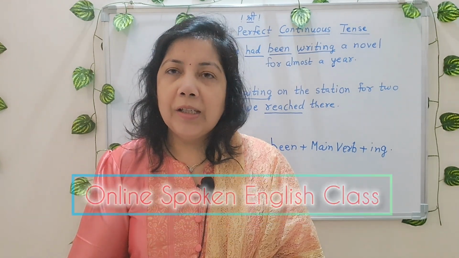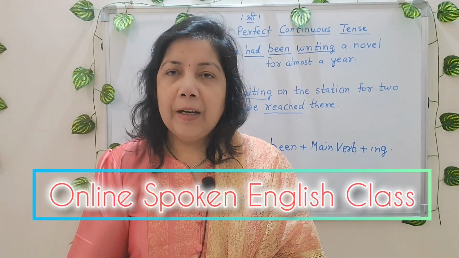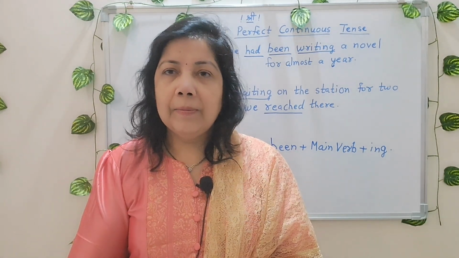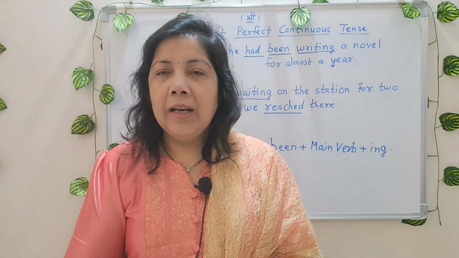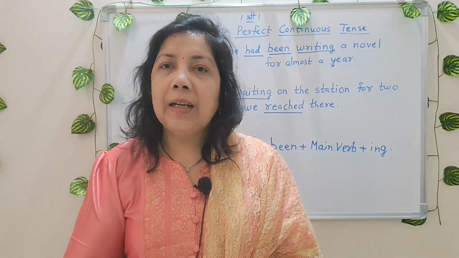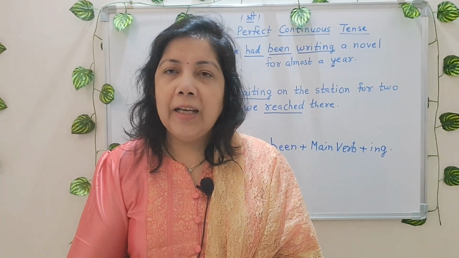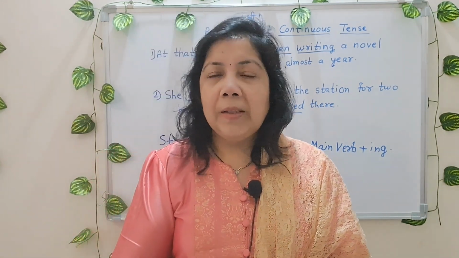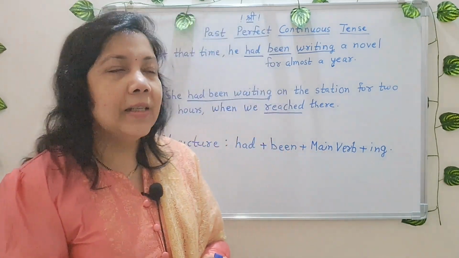The four kinds of past tense are simple past tense, past continuous tense, past perfect tense and past perfect continuous tense. In that, today I am taking past perfect continuous tense. That is the fourth kind of past tense. Let us start past perfect continuous tense.